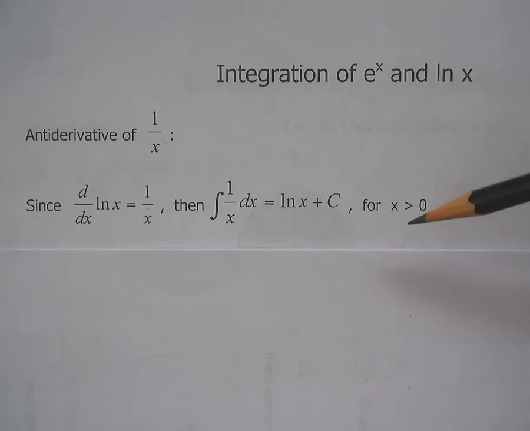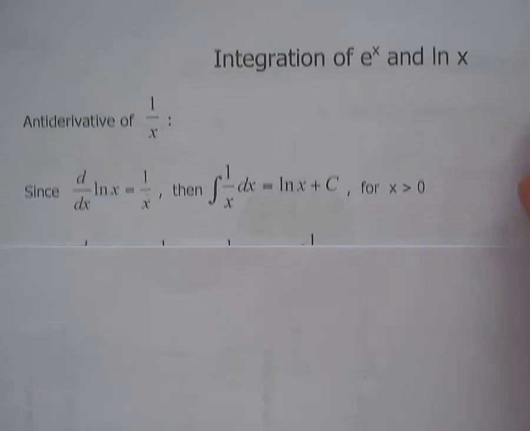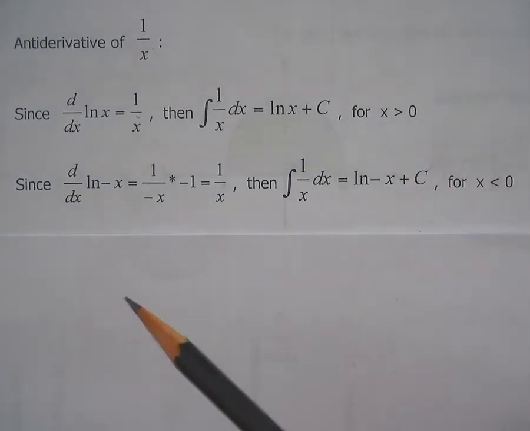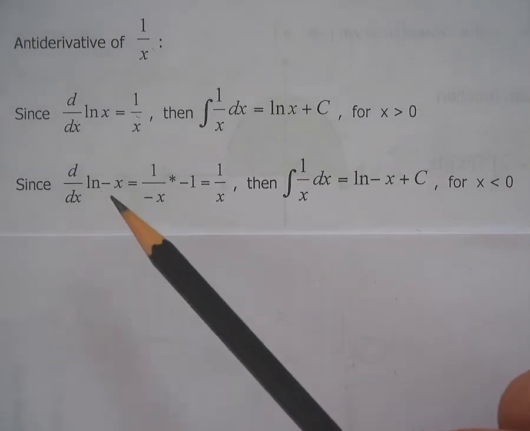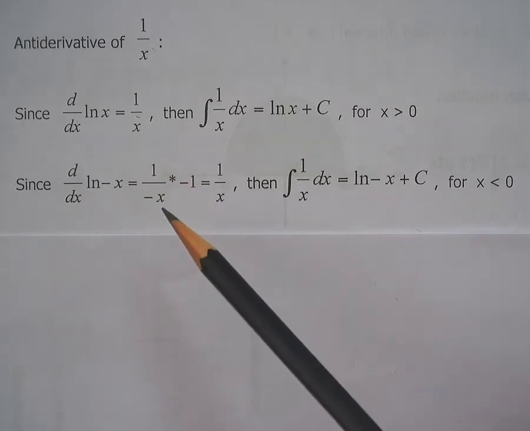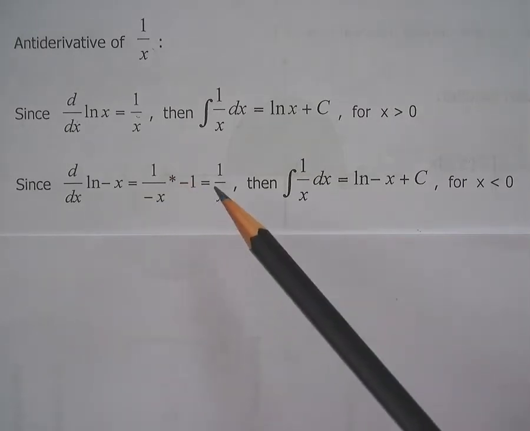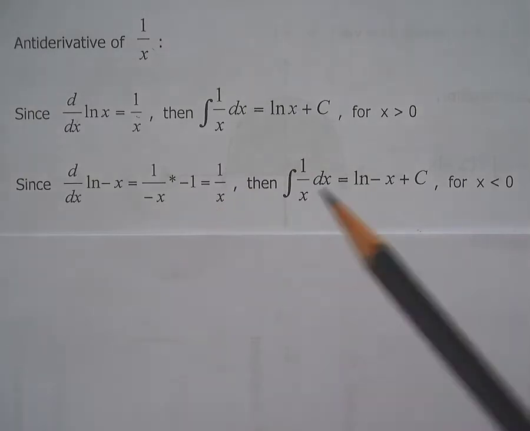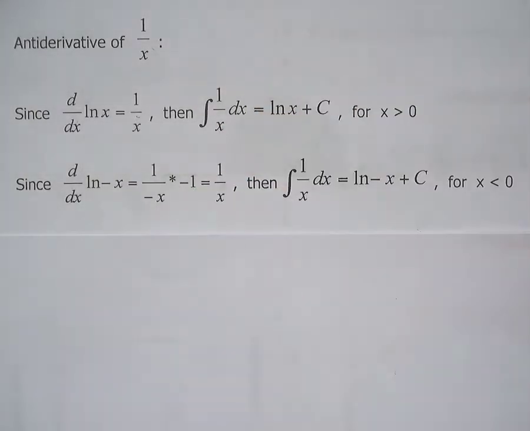X has to be bigger than 0. You can't take the natural log of a negative. On the flip side, since the derivative of the natural log of negative x is 1 over negative x times negative 1, then that ends up with 1 over x. See what you're doing here? I'm sorry, there should have been a parentheses in here.